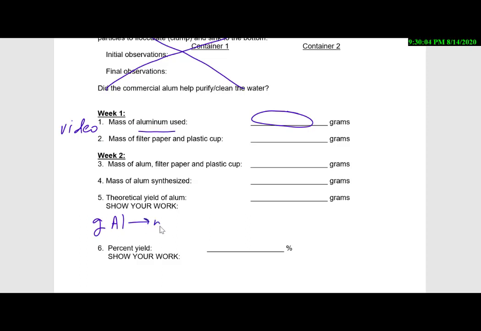You'll convert that to moles of aluminum using the molar mass. And then using the balanced equation, you'll go mole to mole to the product, and remember that's a 2 to 2 mole ratio or a 1 to 1. And then lastly, you'll go to grams of alum.